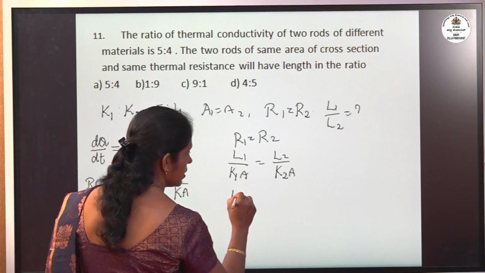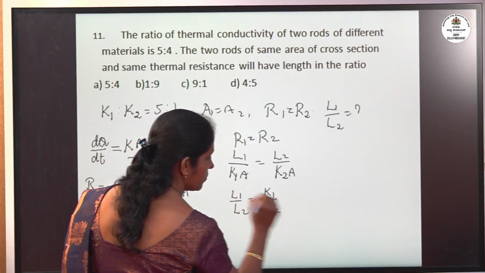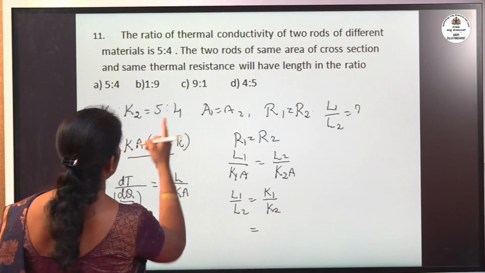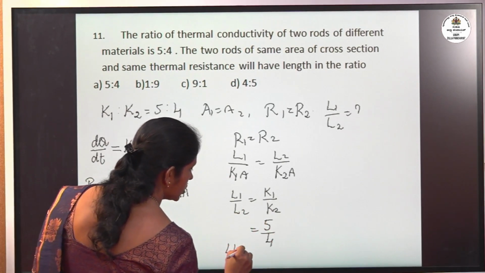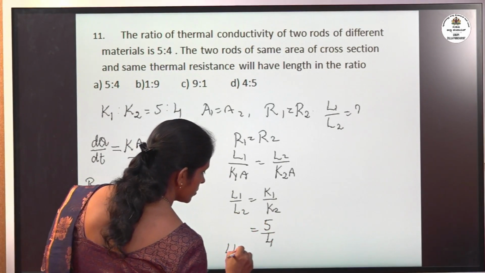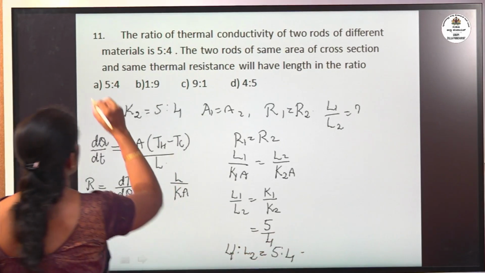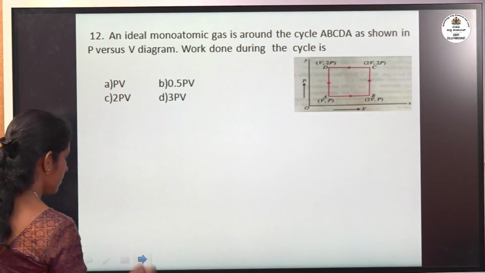Rearranging the equation, L1 by L2 is equal to K1 by K2. But K1 by K2 is given as 5:4. Therefore, L1 is to L2 is also equal to 5:4. Option A is the right answer.